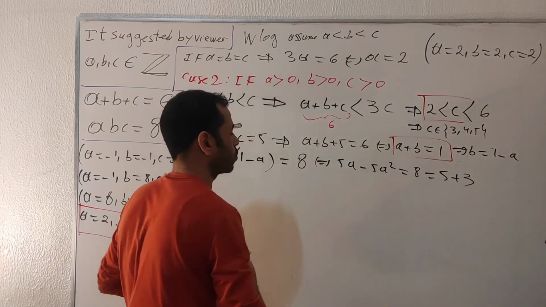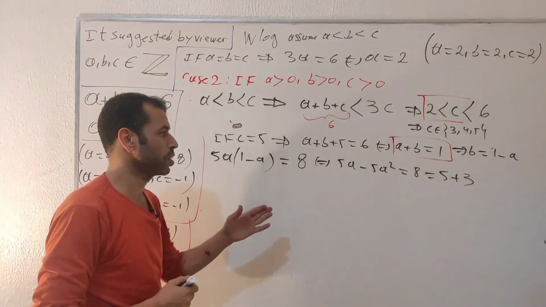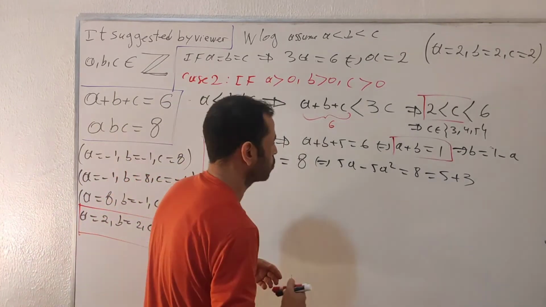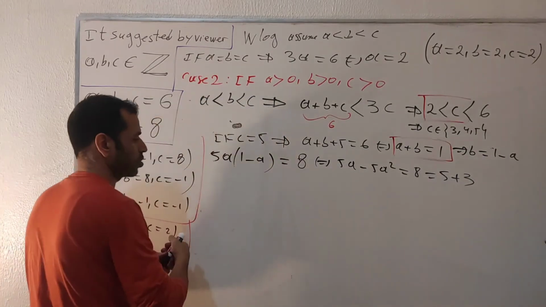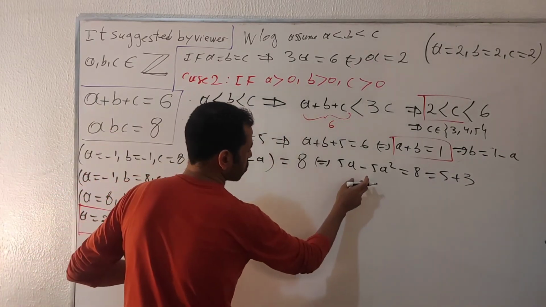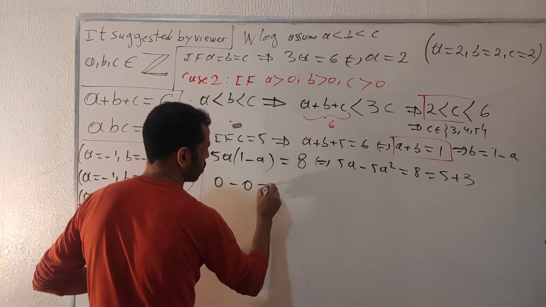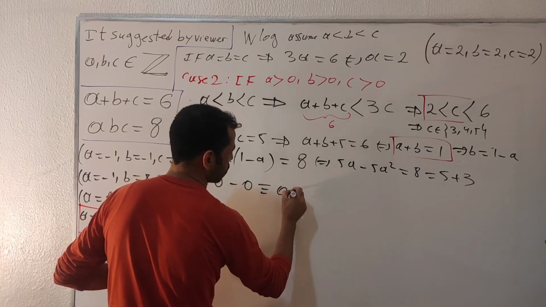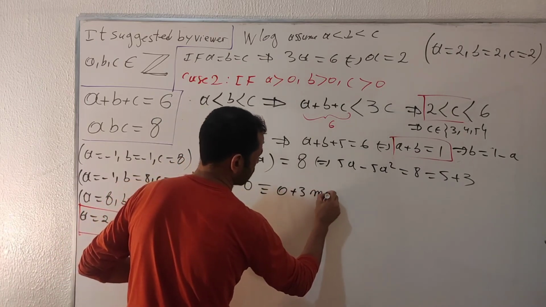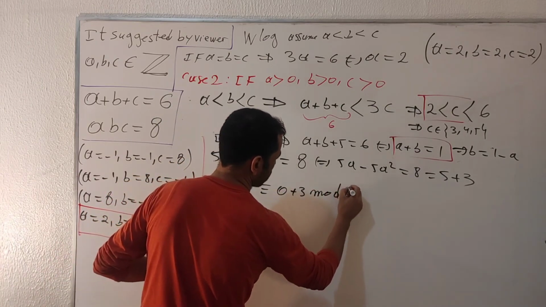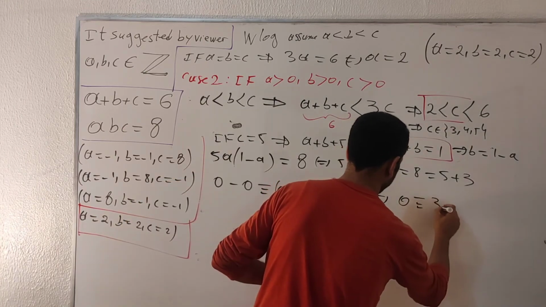I'm going to compare the remainder for each side of this equation. So by reducing this one to mod 5, I get 0 minus 0 is congruent to 0 plus 3 mod 5, which is congruent to 3 mod 5.